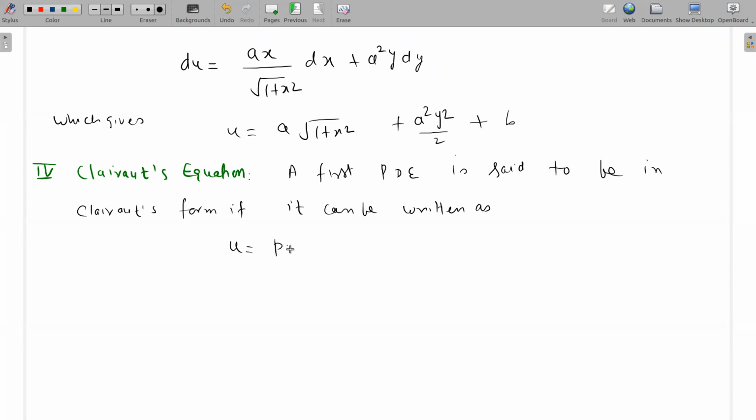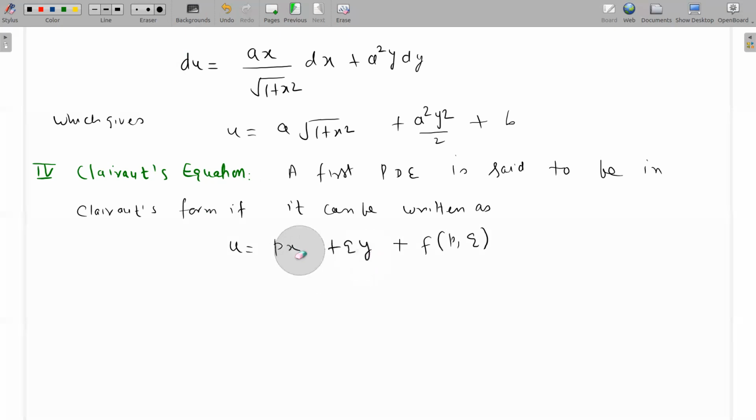u equals px plus qy plus a term containing any form of p and q. But here in x and y you can say ax plus by something. So in x and y it has this linear type, and the rest, whatever you have in p and q, can be in any form.